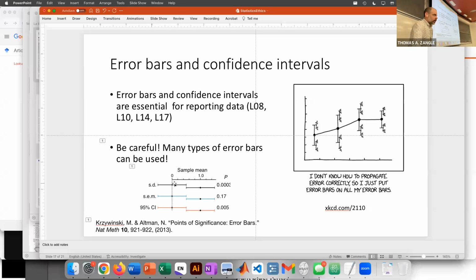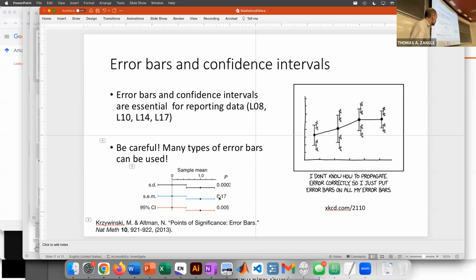If we have standard deviation error bars that are touching, we actually have a pretty high level of significance for differences between those means. Standard error of the mean, we end up with a fairly low level of significance, and with 95% confidence interval, we have that. I think it should be 0.05 actually, not 0.005 p-value for difference between those two means.